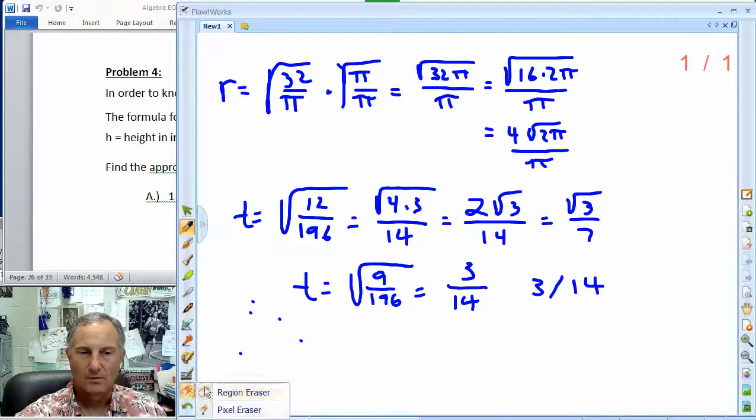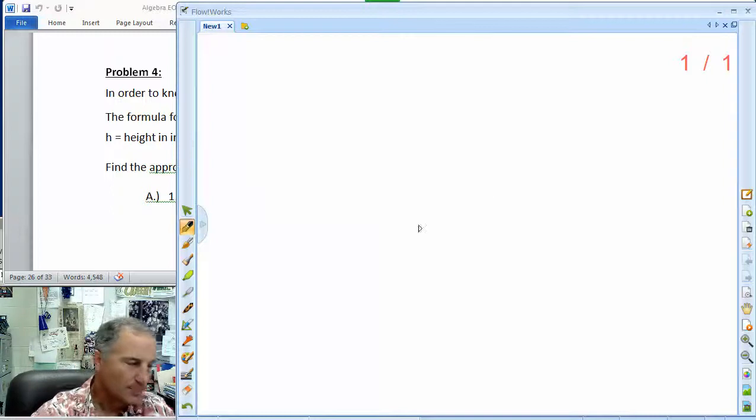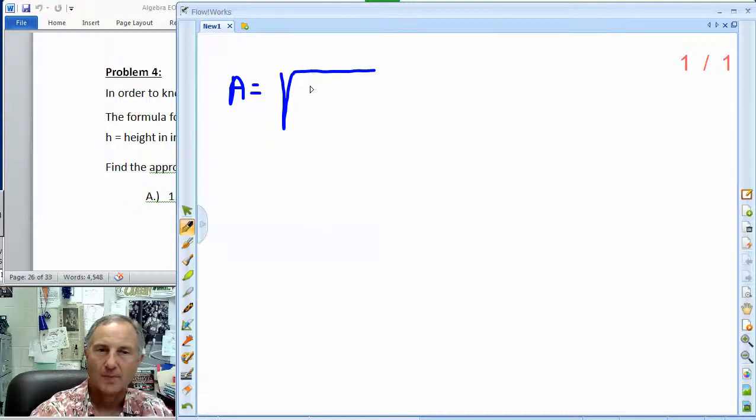Okay, let me clear the screen here. Come back over here. So our formula, A equals h, and 5'9", 5 times 12 is 60, plus 9, that's 69 inches tall, and your weight here is given as 160, over the 3131.